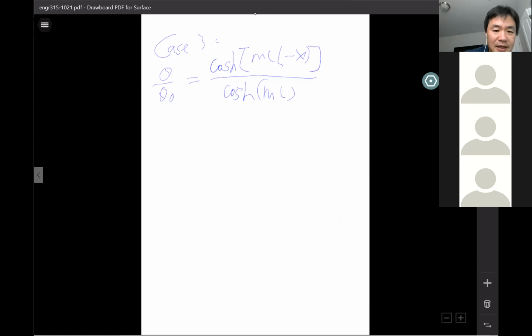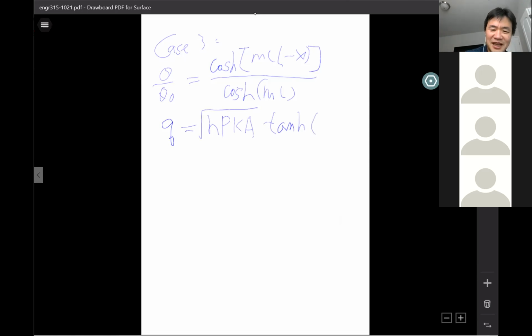And then the Q, the heat transfer for case 3, is equation 2.36. It's H P K A, oh, this is tanh. I don't know how to pronounce this.